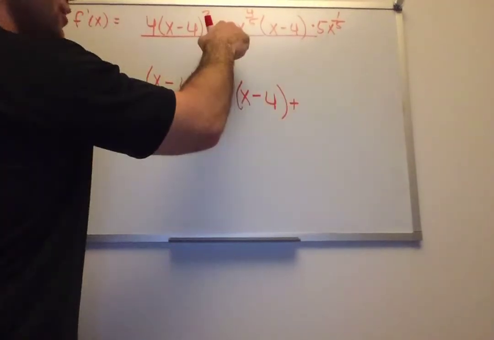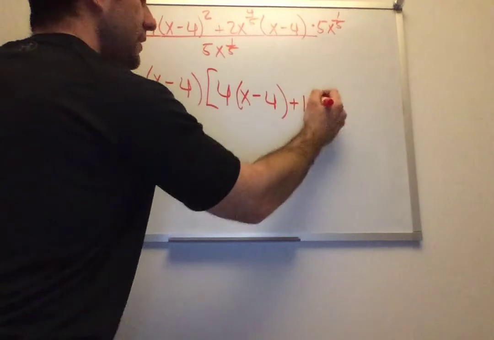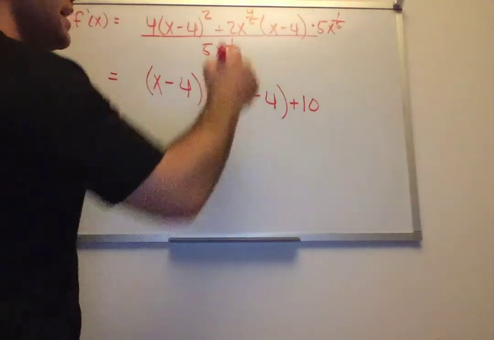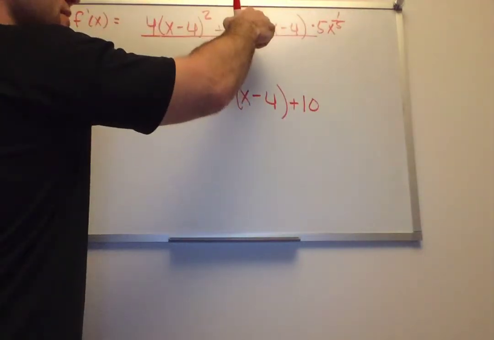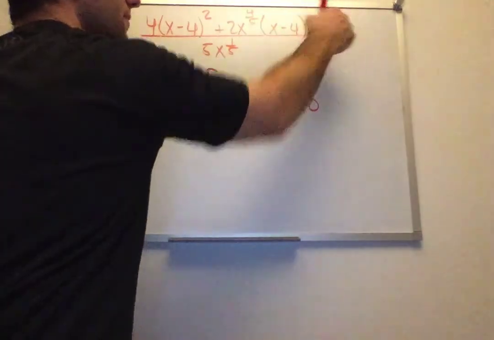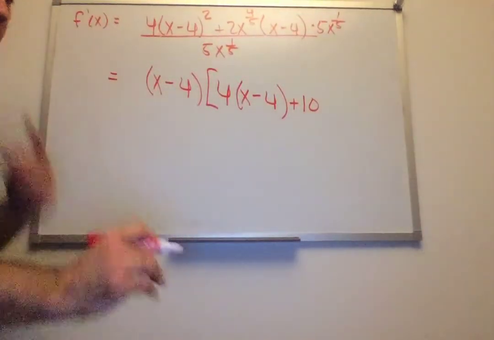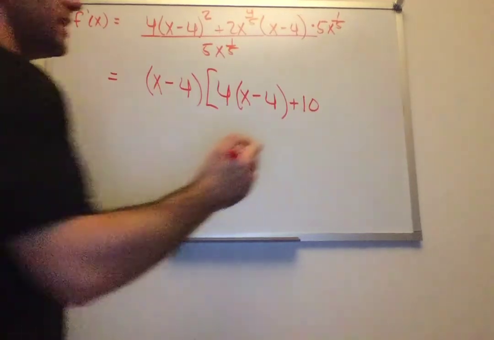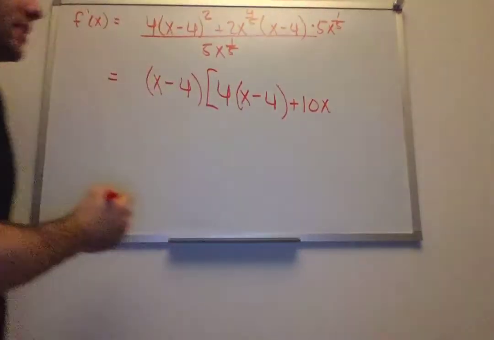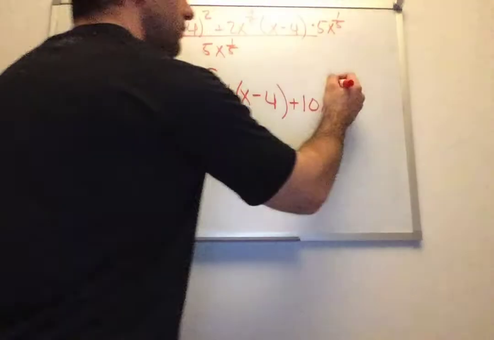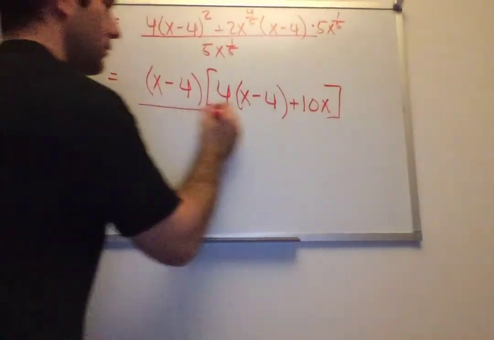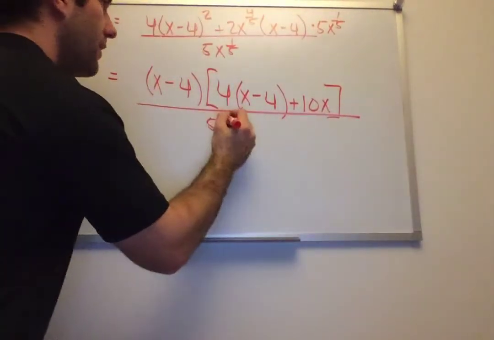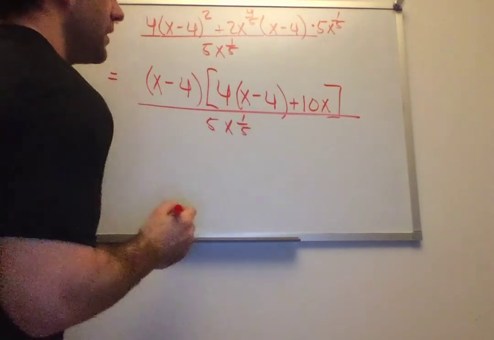Plus 2 times 5 is 10. X to the 4/5 times x to the 1/5. If you remember your exponent rules, we're going to be adding the exponents together. 4/5 plus 1/5 is 5/5, or just 1. All divided by 5x to the 1/5.